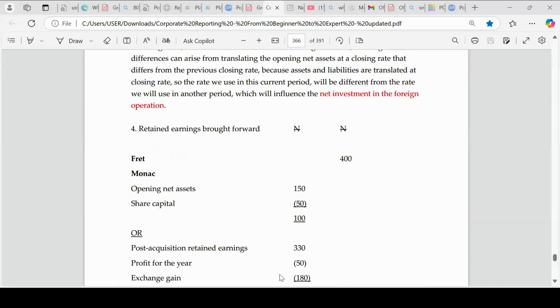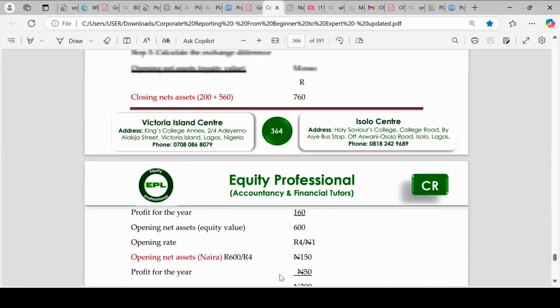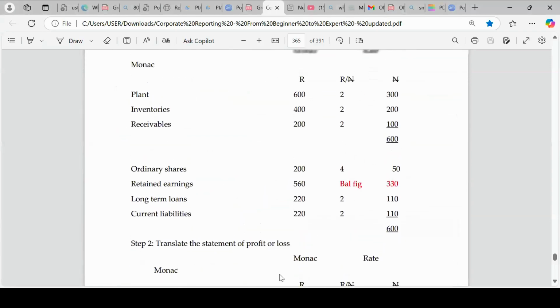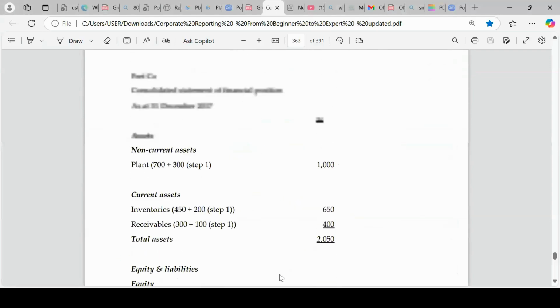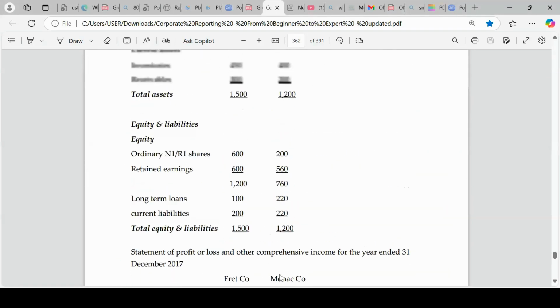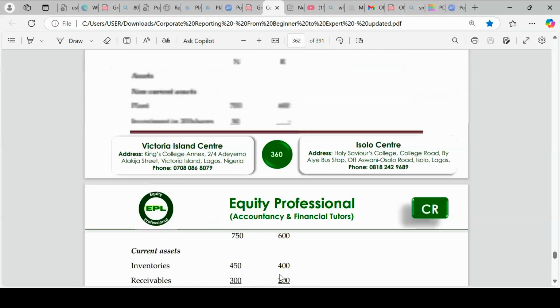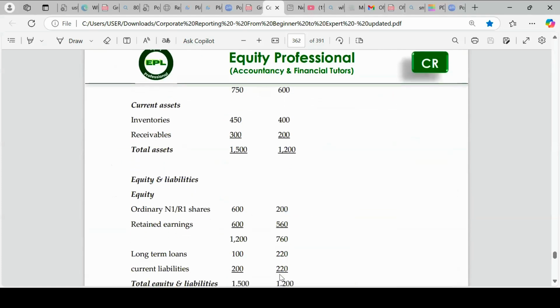Retained earnings brought forward. Fretco, we had 400. Sorry, I want to go back and see something. How did we get the 400? All right. For Fretco, retained earnings as at 2017 stood at 600.